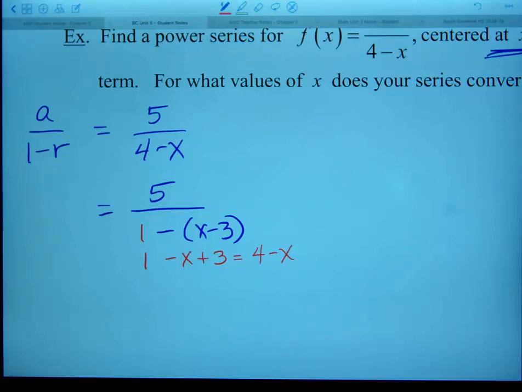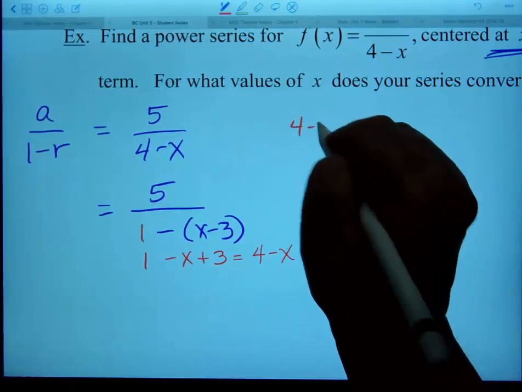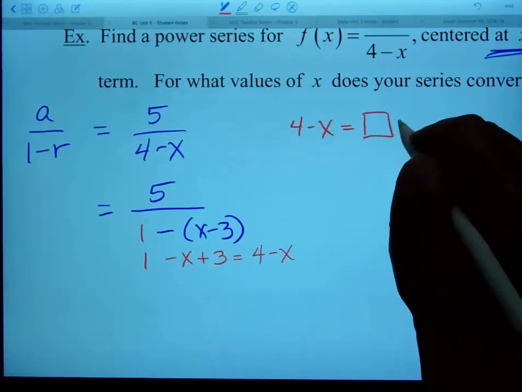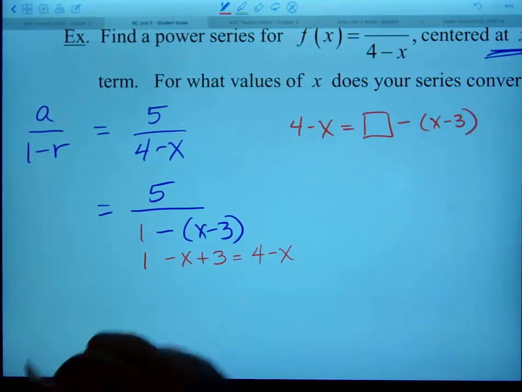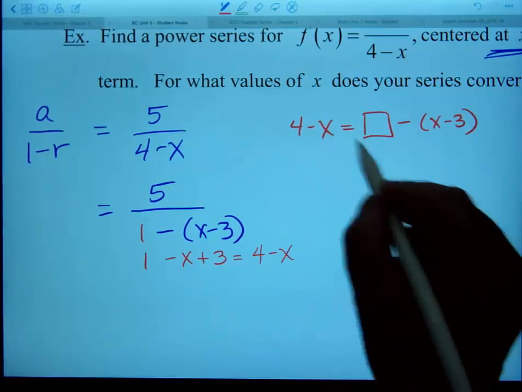Okay, let me show you the way that I did this. If this is kind of confusing you, so 4 minus x, don't write this down just yet, equals something minus x minus 3, okay? So I'm taking the 4 minus x that I've got, and I need to turn it into something minus x minus 3.